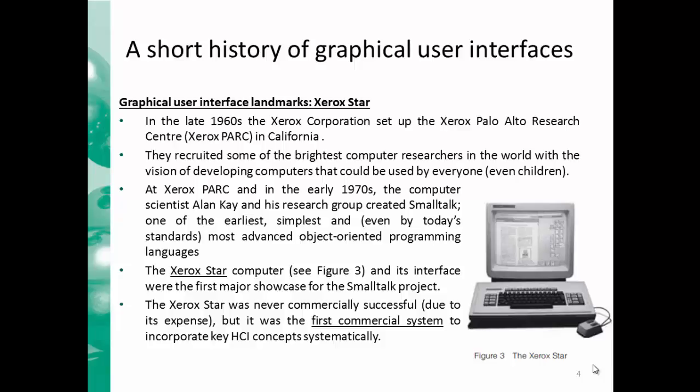The Xerox Star computer and its interface were the first major showcase for the Smalltalk project. Although it was never commercially successful, it was the first commercial system to incorporate key HCI concepts in a systematic way.